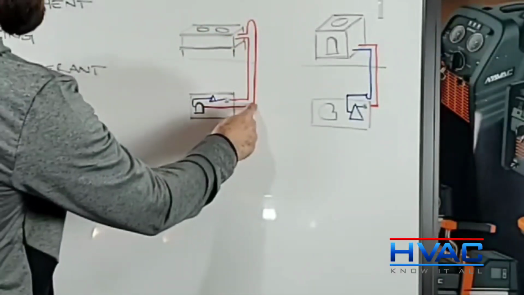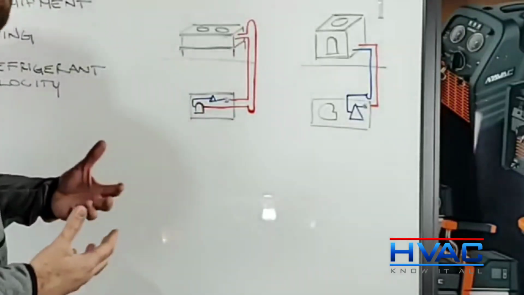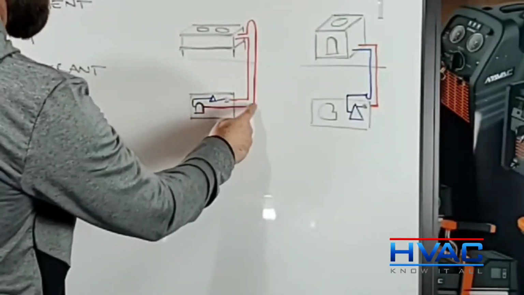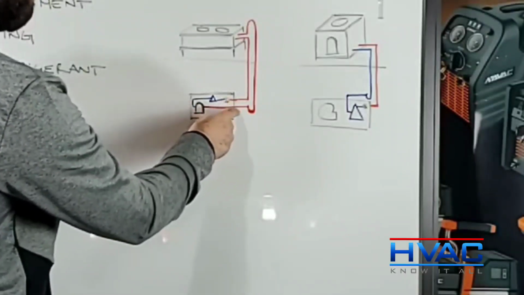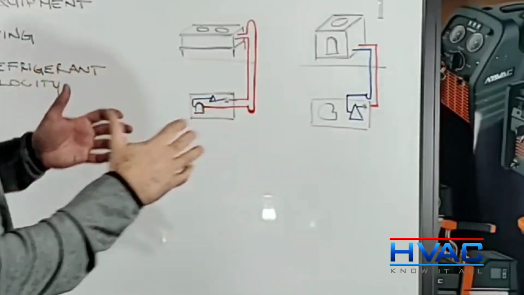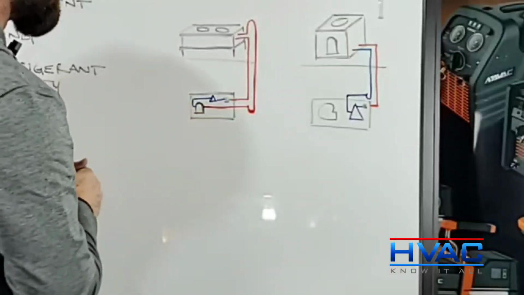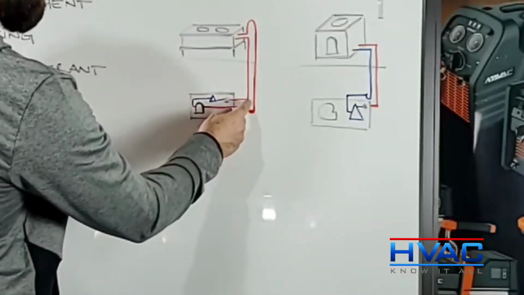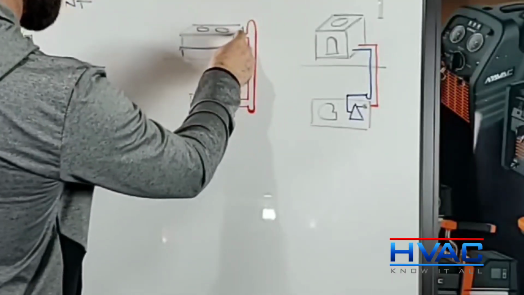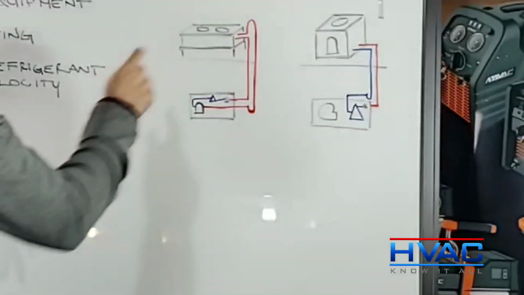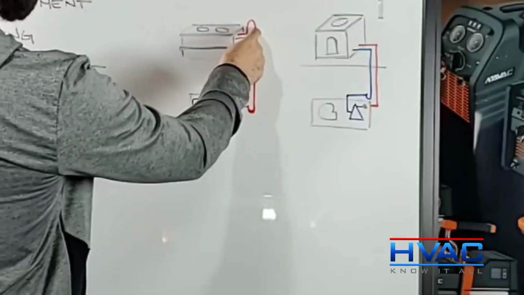What this does is it traps, the name is really what it is, it traps the oil in here. So on the off cycle, it doesn't just hang out somewhere if the piping is all over the place. When the compressor starts up, this trapped oil will move its way up to the condenser. Now, this trap here is called an inverted trap.